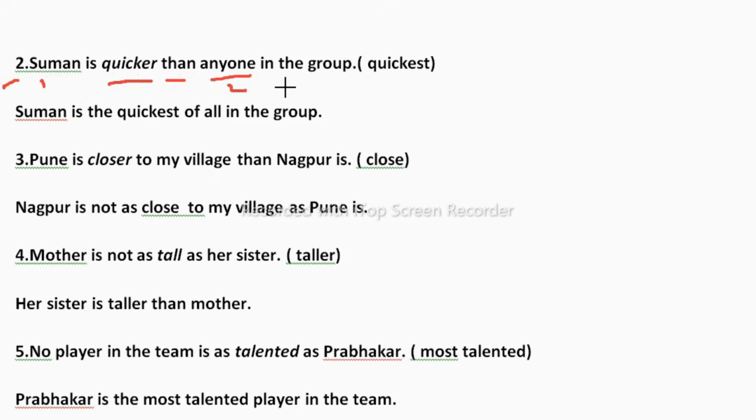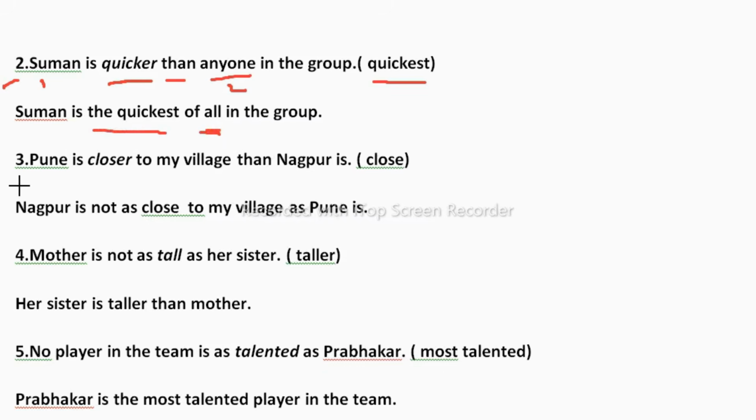We have to transform this sentence by using the superlative degree quickest. So I have written here Suman is the quickest of all in the group. So here I have used the term all. Here they have used anyone, but I have used all because superlative degree is used with all, means more than two things. Suman is the quickest of all in the group.